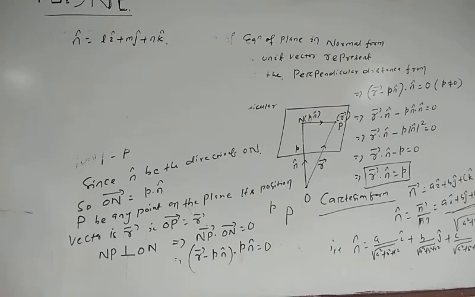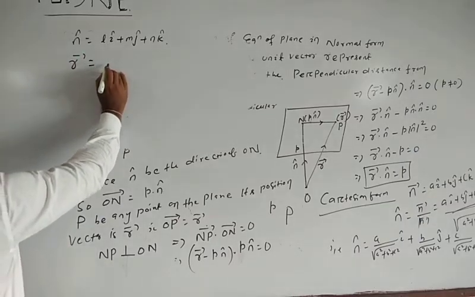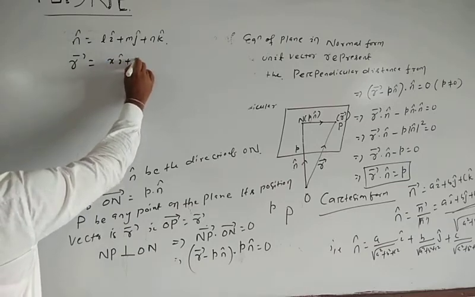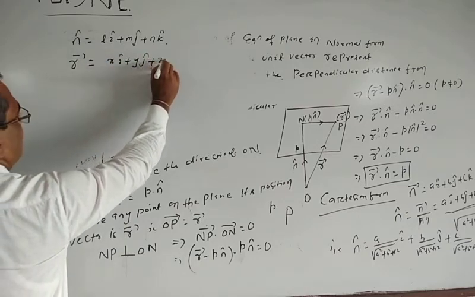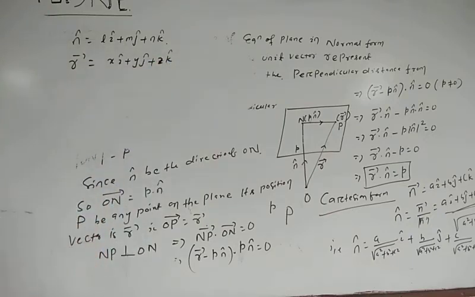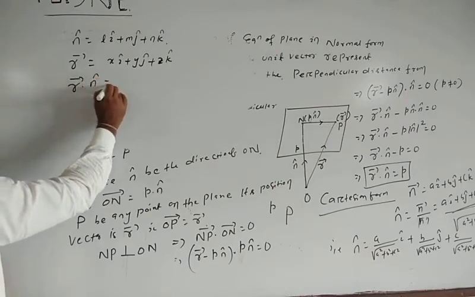This is the unit vector which represents the direction of n vector, and r vector is equal to x i cap plus y j cap plus z k cap. This is any point. So r vector dot n cap is equal to p.